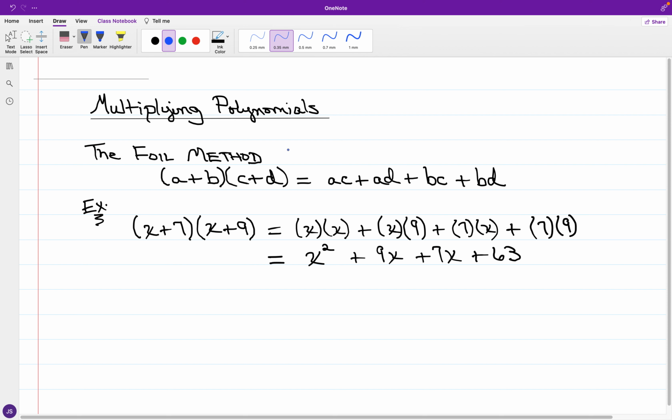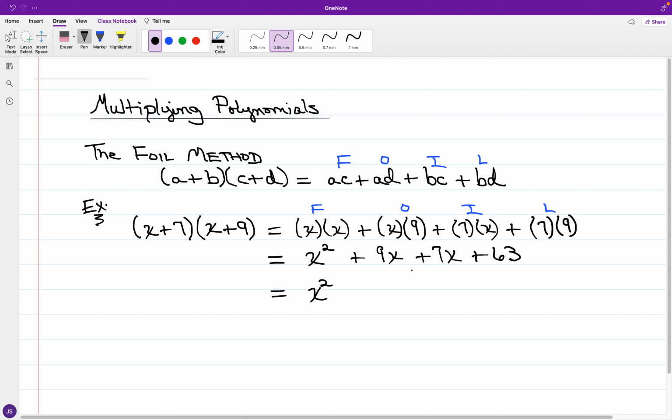Just going back, again, FOIL is an acronym for first, outer, inner, and last. Looking at what we have upon taking the products, the first term was x squared, and there's no other term that consists of x squared, so this is going to be a unique term in the set.